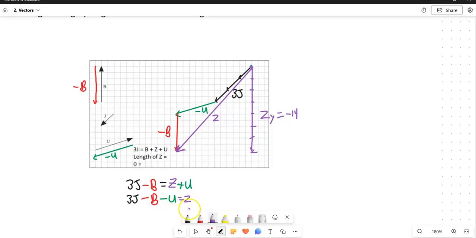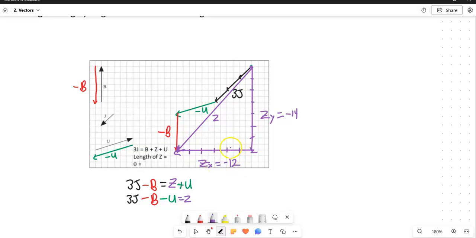And in the x direction, it's going to be this distance. Let's try this again. Okay, so in the x direction, it's 2, 4, 6, 8, 10, 12. So z in the x direction is negative 12.